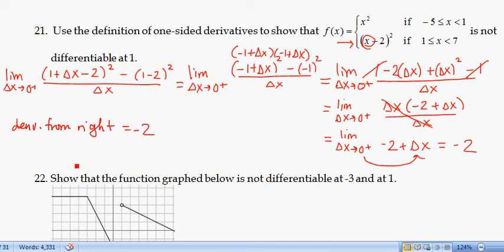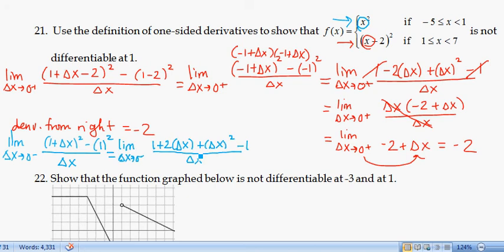Now I've used up a lot of space, but we have to repeat the same process from the left. So from the left, we're using this top piece, right? So our function is just x squared. So from the left, we have 1 plus delta x quantity squared minus 1 squared over delta x. And if we expand, we get this. And again, the 1's cancel, and we can factor out a delta x.